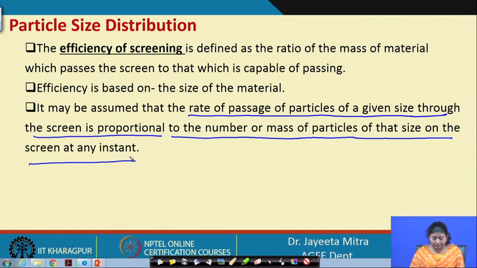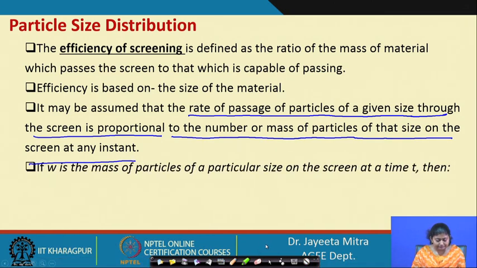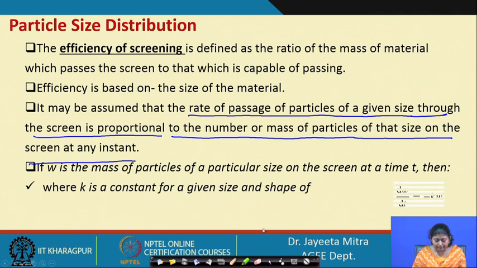If we want to express this mathematically, let us consider that W is the mass of particles of a particular size on the screen at any time t. Then we can write dW/dt = -kW.